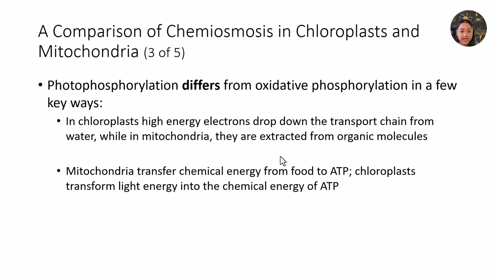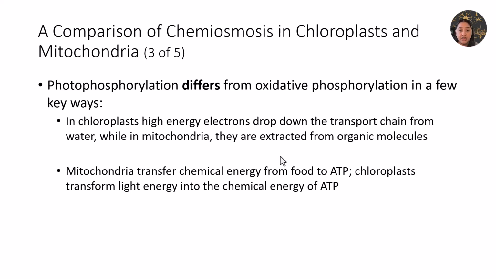In chloroplasts, the high energy electrons drop down the transport chain from water. But in mitochondria, those electrons are extracted from organic molecules. So it's not happening on its own in the way that it is in chloroplasts.